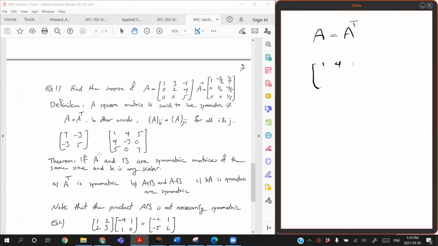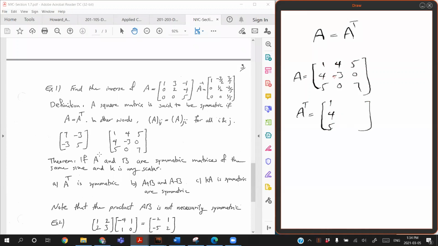I have 1, 4, 5, 4, -3, 0, 5, 0, 7. Now, if this is A and I transpose it, then the first row becomes the first column. I get 1, 4, 5.